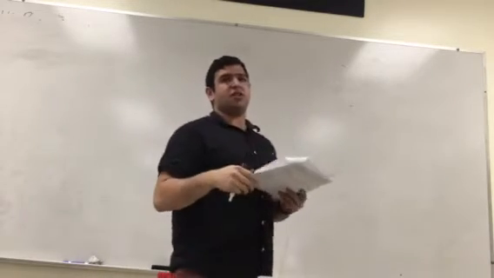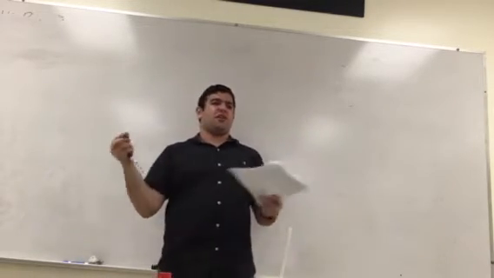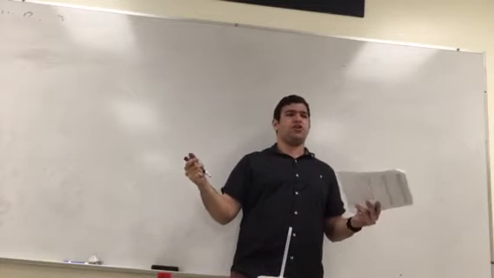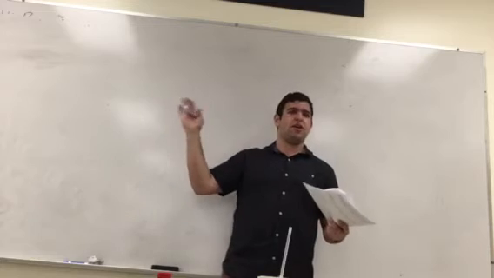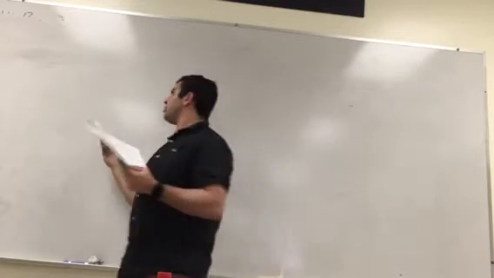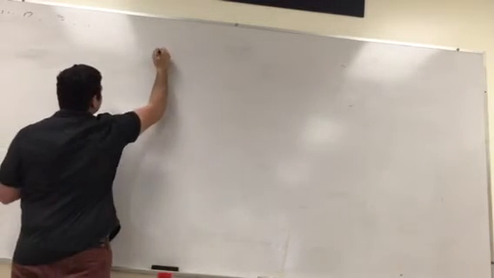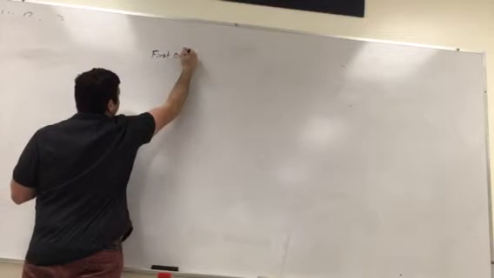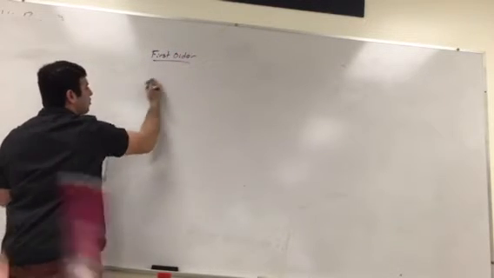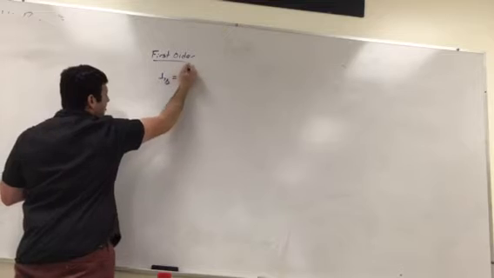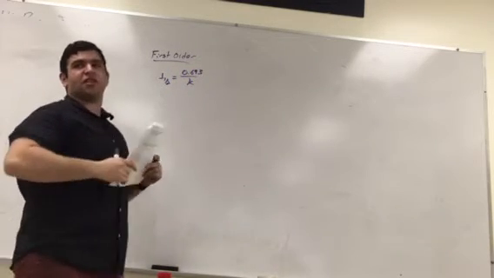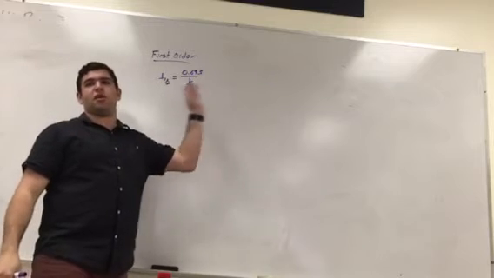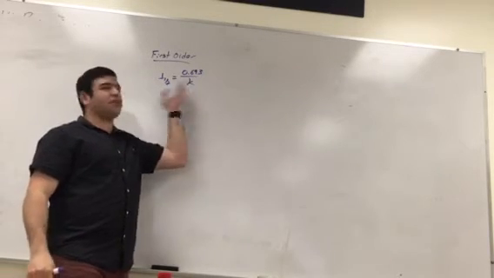The simple thing is, if I give you a K and an initial concentration and ask what's the half-life, that's plugging it into the equation. If I say this is a first order reaction, the simplest problem you'll get is: what's the half-life if K equals blank? You just plug it in and do it, right?